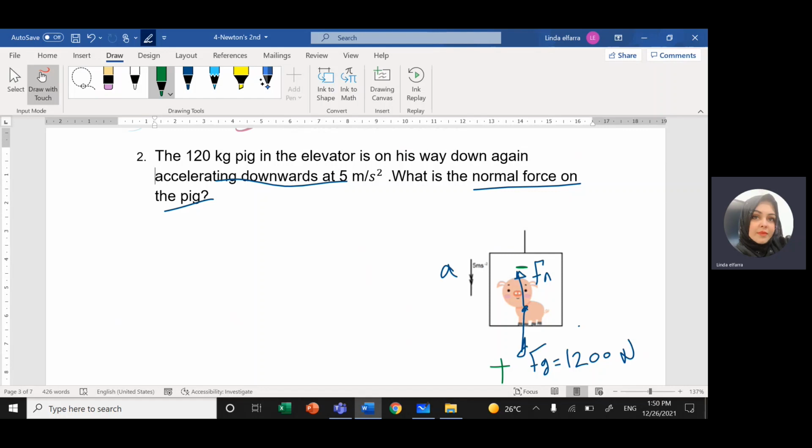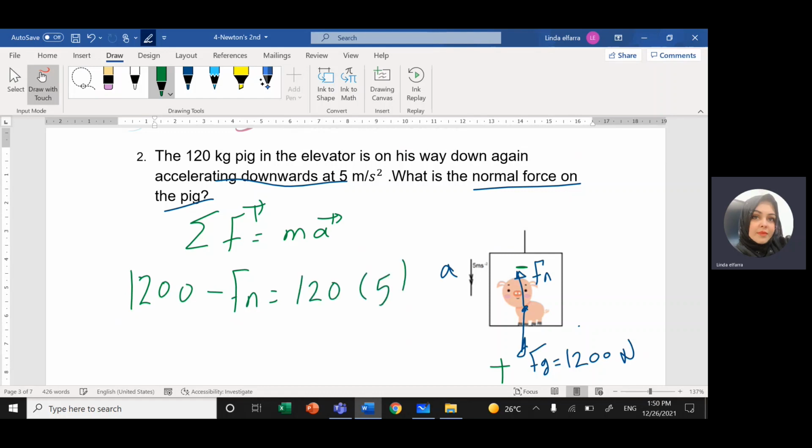So I'm going to apply Newton's second law, summation of forces equals mass times acceleration. The force is down, I have 1,200 minus the force up, Fn, will equal mass, 120, times the acceleration, 5.